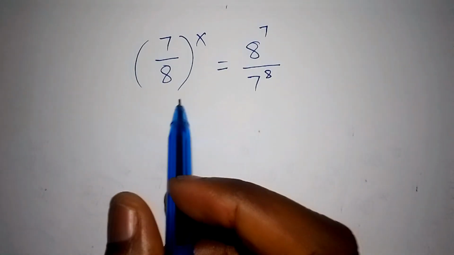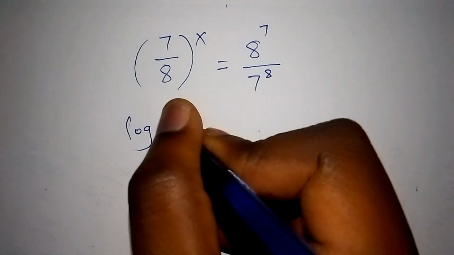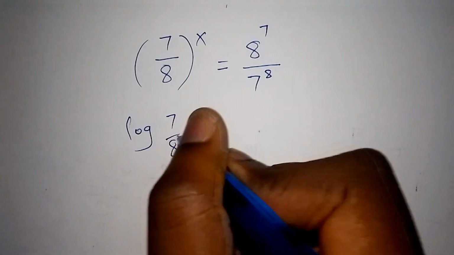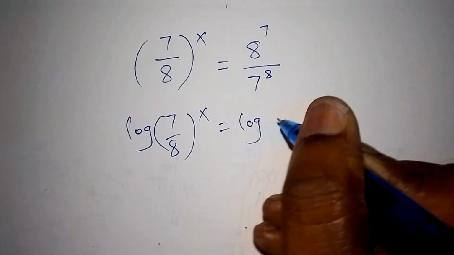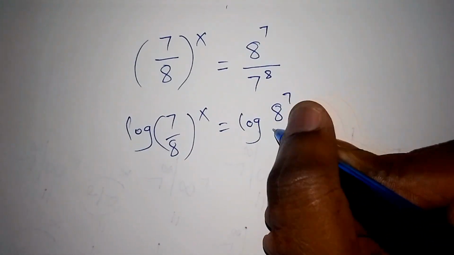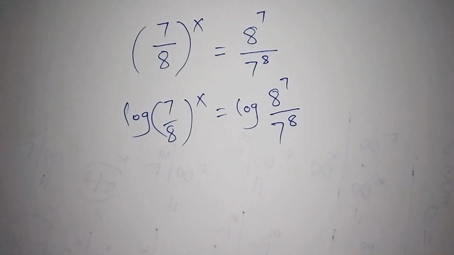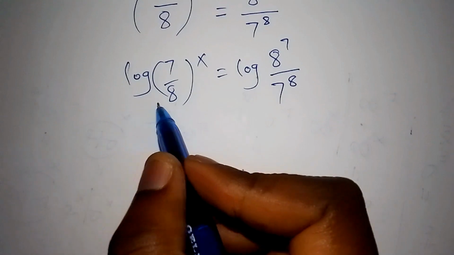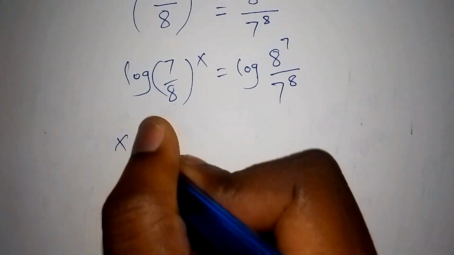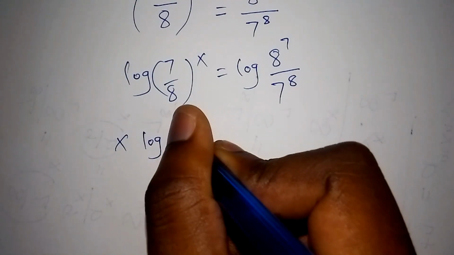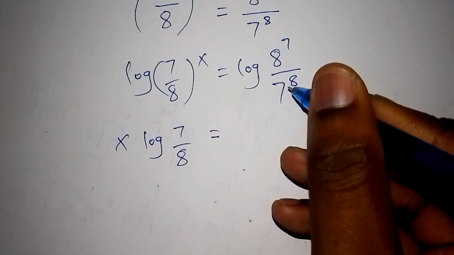In order for us to work out this part, we shall use the log. We shall now have the log of 7 over 8 to the power of x equals the log of 8 to the power of 7 all over 7 to the power of 8. The log of 7 over 8 to the power of x can also be written as x log 7 over 8, equals this other side.